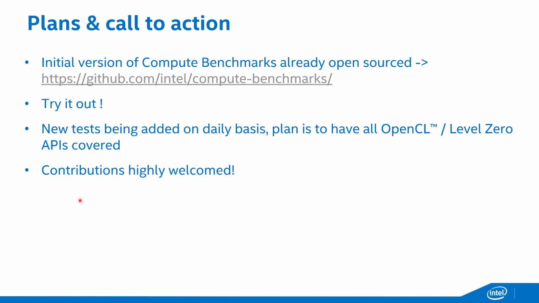As an example, you may add a CUDA backend, or add implementations for OpenCL CPU, add a CPU backend to the framework. We are open to contributions. The project is open source, and anyone can create a pull request and contribute to it.